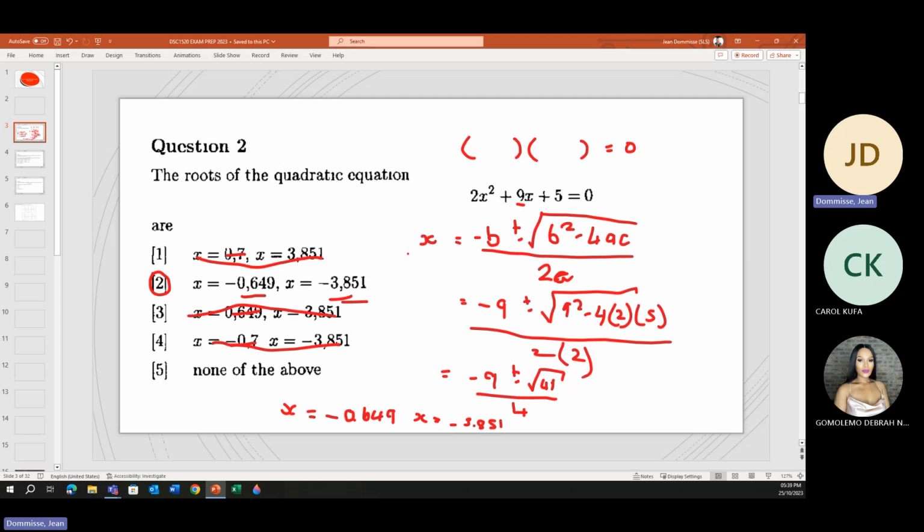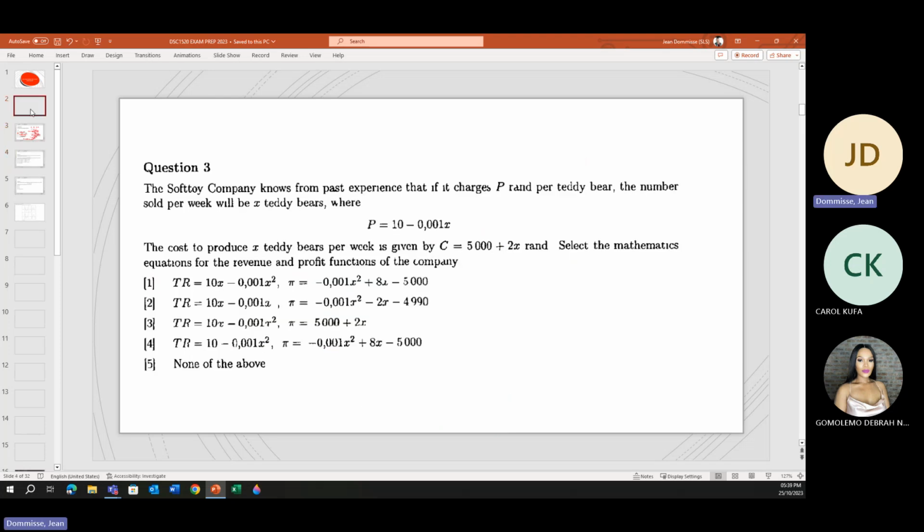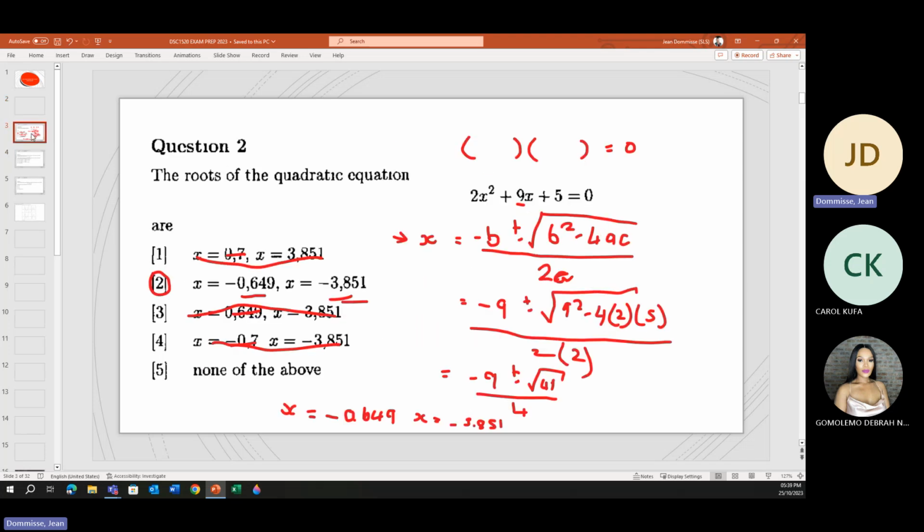But it's not, so I go with the roots formula, and if we work it out, we get negative 0.649 and negative 3.851. Okay. So in questions 1 and 2, no real shortcuts.